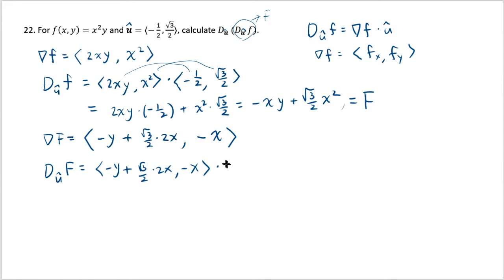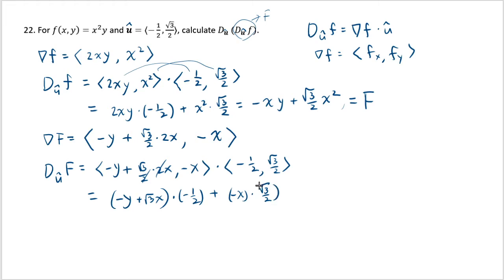gradient dotted with, again, our vector u, in which case the 2 cancels and it's component-wise multiplication, so negative y plus radical 3x times negative 1/2, plus negative x times radical 3 over 2, and that gives you positive 1/2 y, negative radical 3 over 2 x, and minus radical 3 over 2 x.